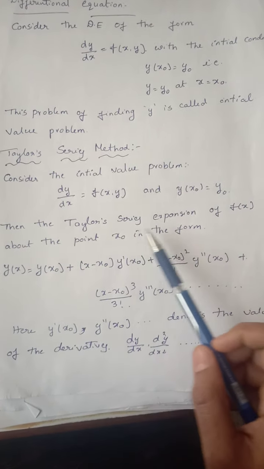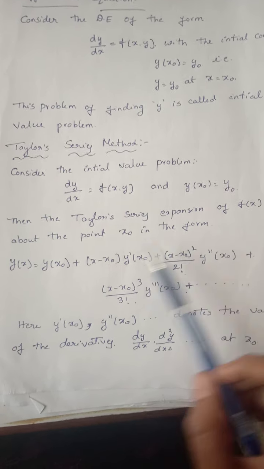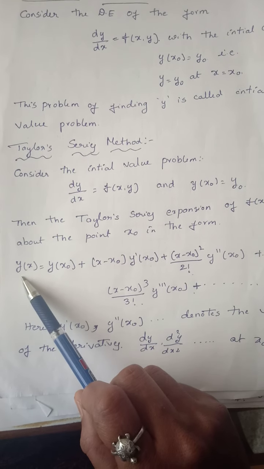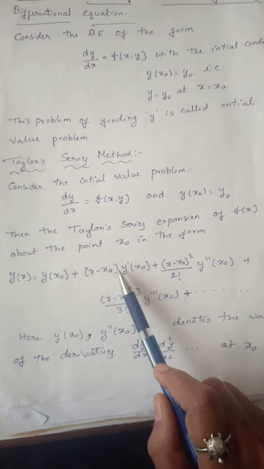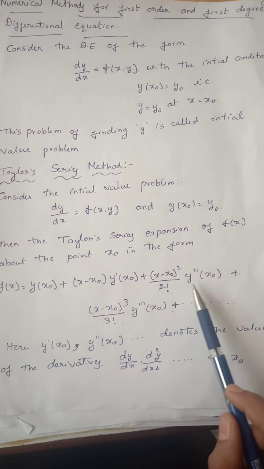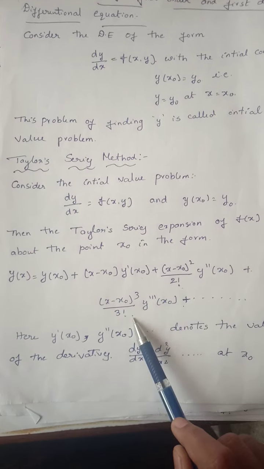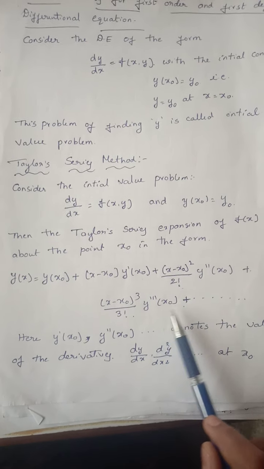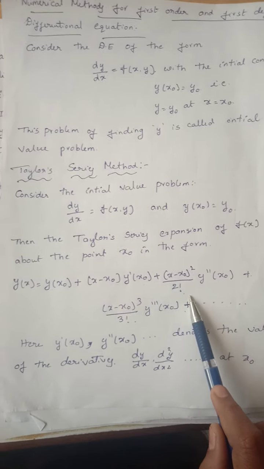Then the Taylor series expansion of y of x about the point x naught is in the form, and this is the series you have to remember. y of x is equal to y of x naught plus x minus x naught into y dash of x naught, plus x minus x naught whole square by 2 factorial into y double dash of x naught, plus x minus x naught whole cube by 3 factorial into y triple dash of x naught. Here I have written up to third degree, so you have to continue like this depending on the problem, up to what degree they ask.